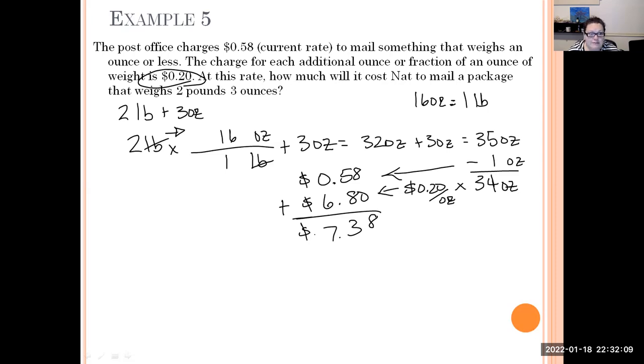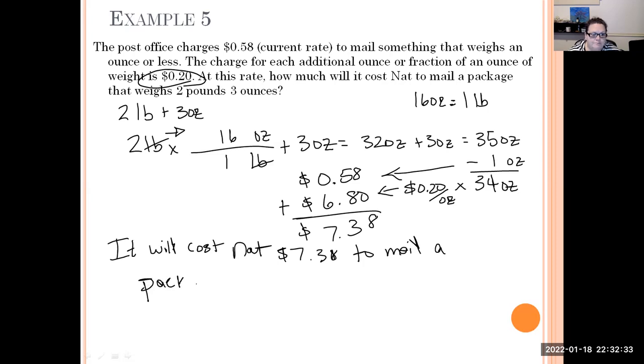The question is, how much will it cost Nat to mail a package that weighs 2 pounds, 3 ounces? Well, it will cost Nat $7, I guess you could just use that, and 38 cents to mail a package that weighs 2 pounds, 3 ounces.